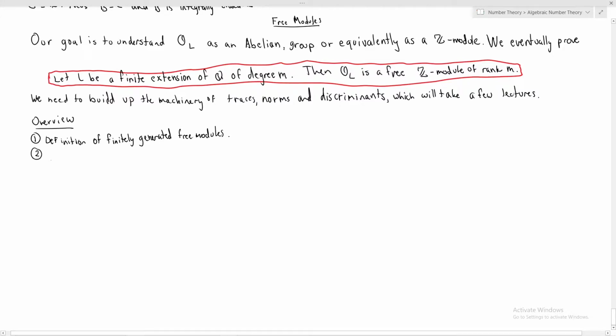Second thing, it will be useful probably much later, like 4 or 5 lectures away. We're going to give some criterion for when a collection of elements forms a basis for a free module.